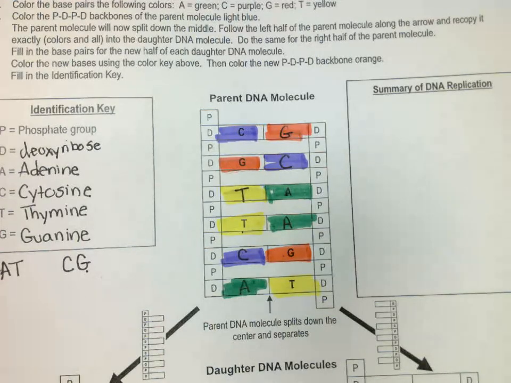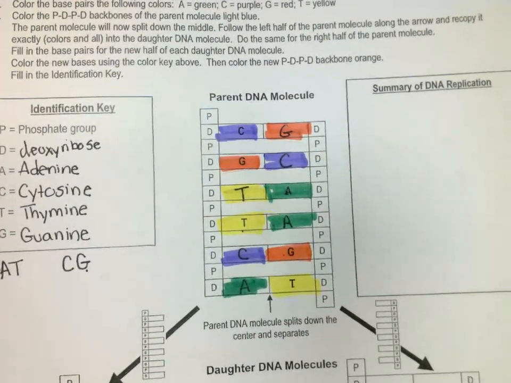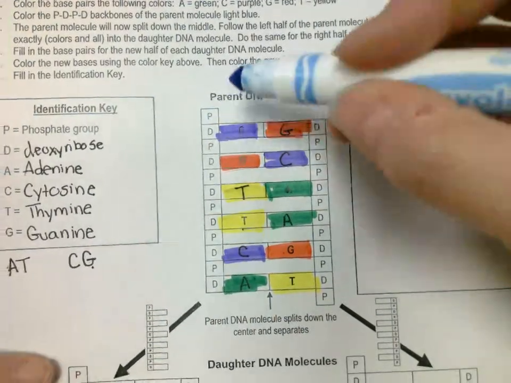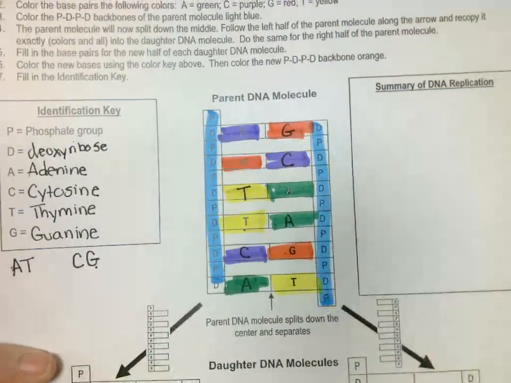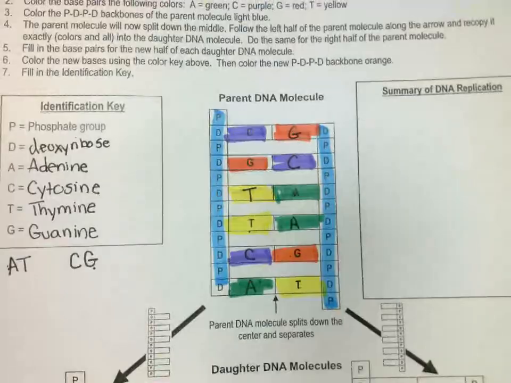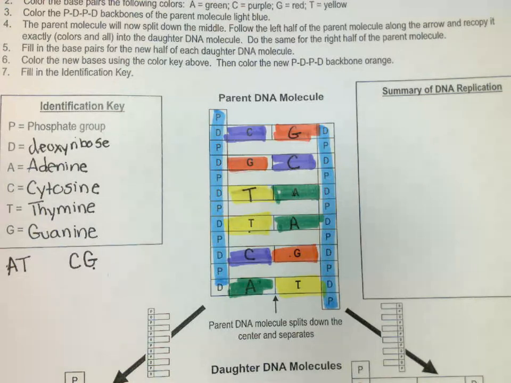It says color the backbone of the parent molecule light blue. So you're going to color this backbone and this backbone light blue. Now we need to replicate our DNA, or make a copy of it.